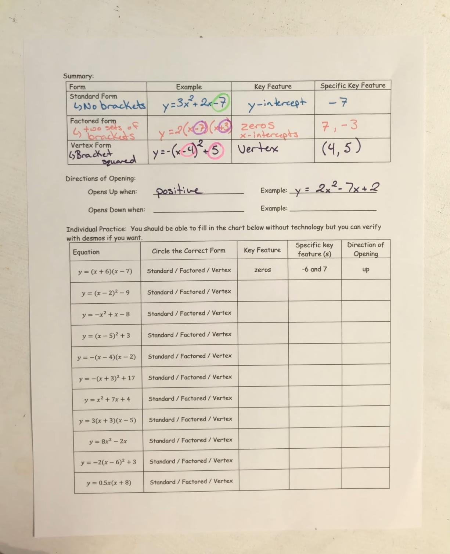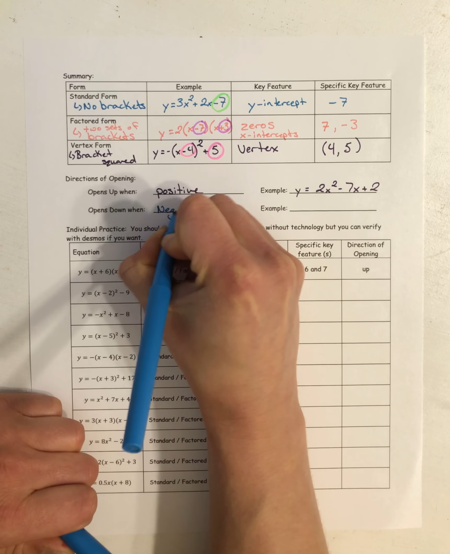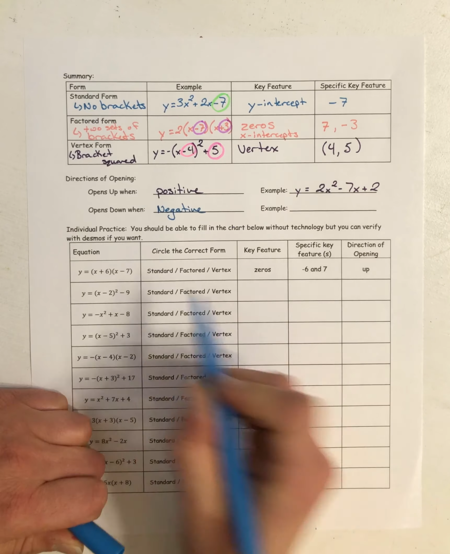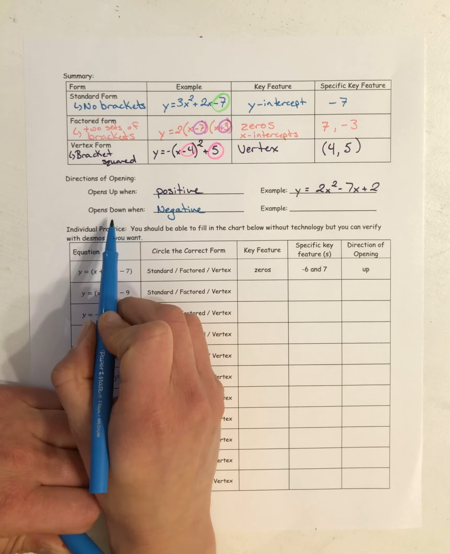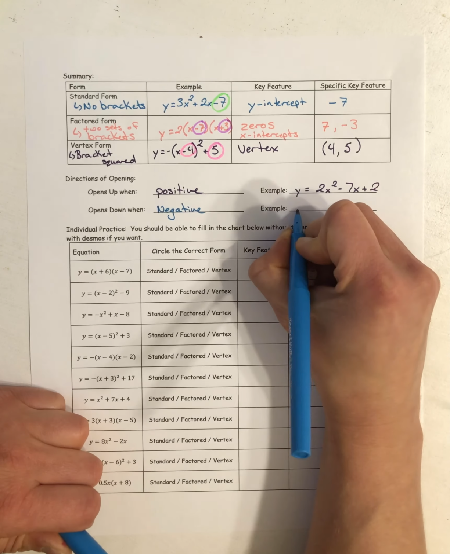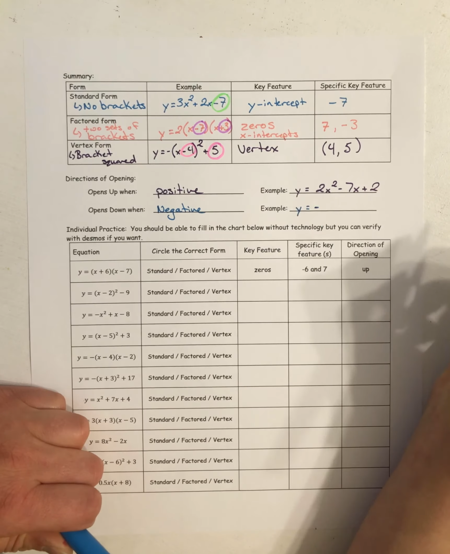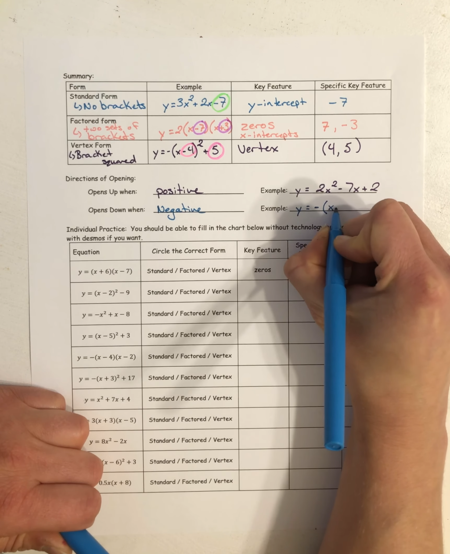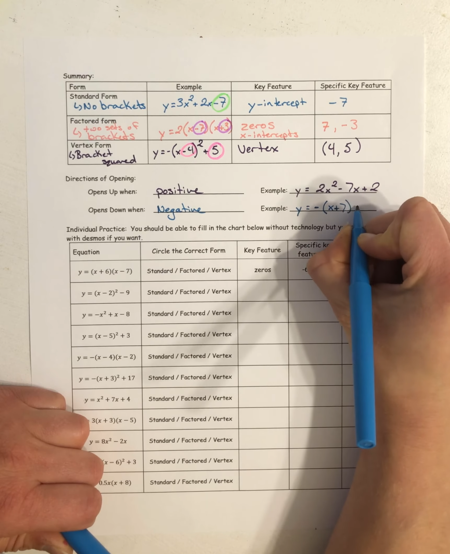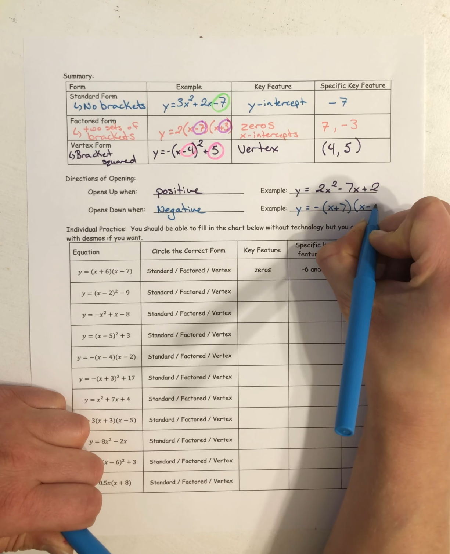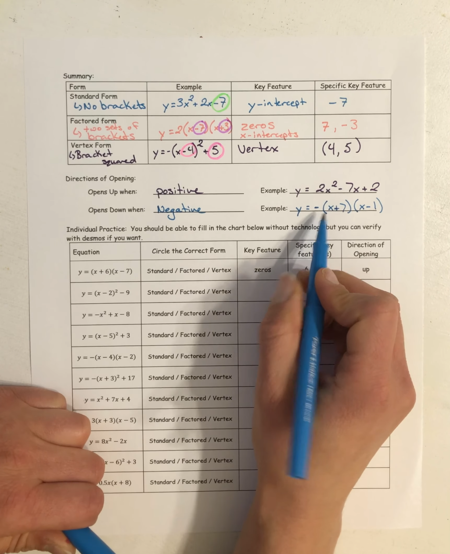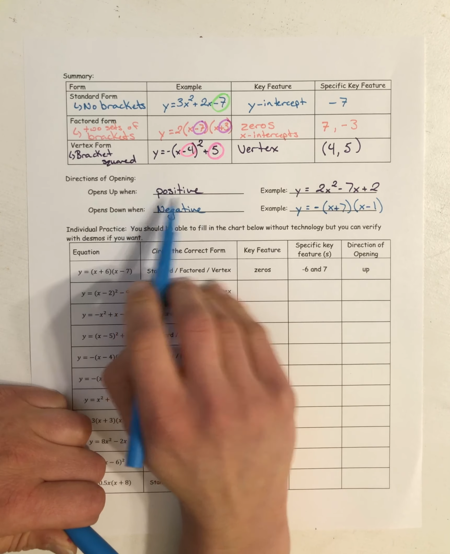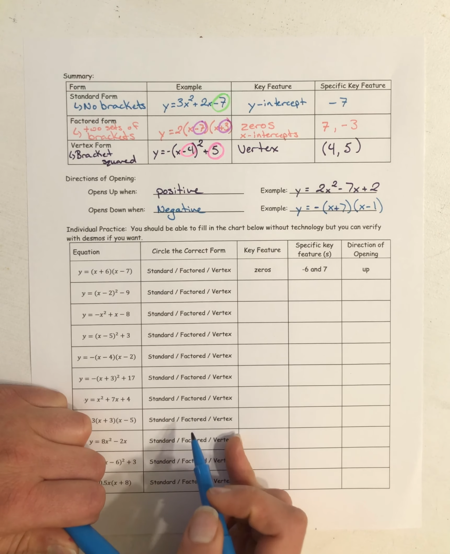And it opens down when there is a negative at the start. So an example is y equals negative x plus 7 and x minus 1. We can see that it starts with a negative, so it's going to open down. When it starts with a positive number, it's going to open up.